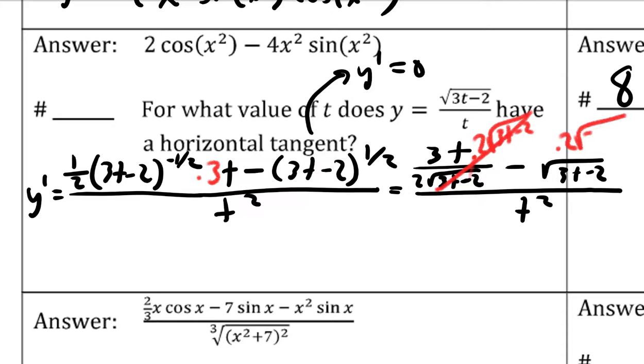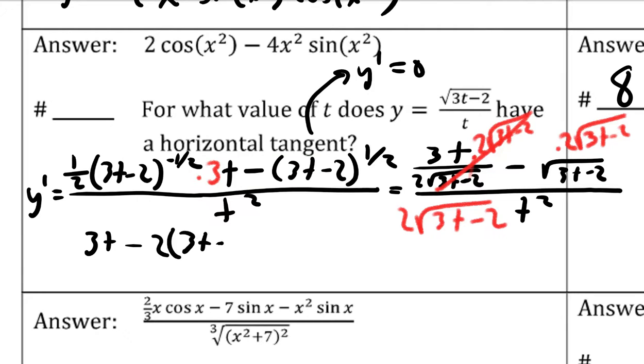But mathematically, we can only do that if we multiply everything by the same thing. So if we were to do that, the aftermath of these two canceling would be 3t. If you multiply these together, you end up with a negative 2. The square root of something times the square root of itself just gives you that stuff.